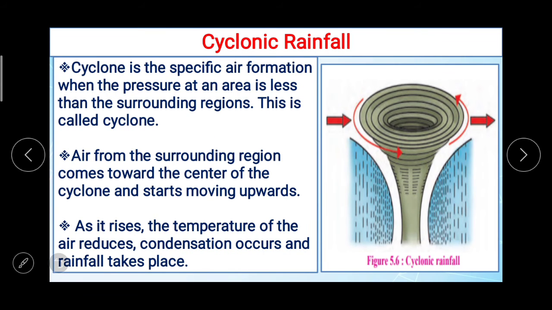Cyclone is the specific air formation, and when the pressure at an area is less than the surrounding regions, this is called cyclone. What happened in the cyclonic condition? Air formation when the pressure at an area is less than the surrounding area. Suppose this one, here what is the pressure? Less compared to the surrounding area.